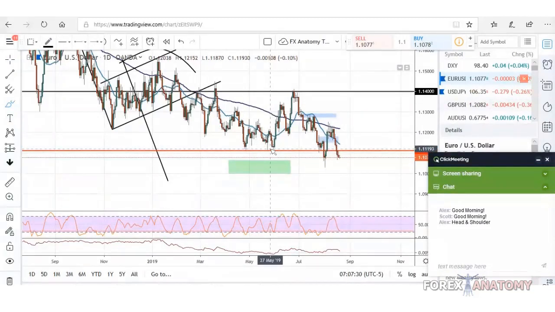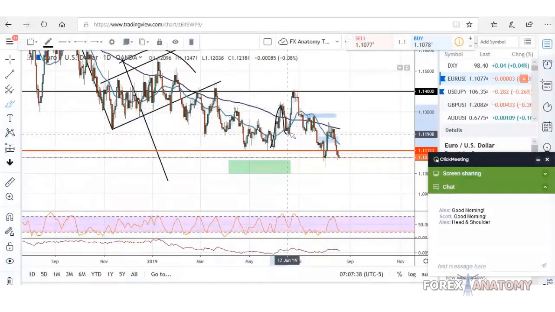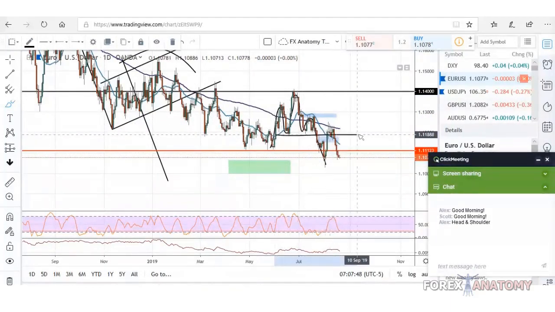We see this particular classical pattern, and Alex chimed in. He said head and shoulders, and that's exactly what we see. Let me draw this in for you. We see the left shoulder, then a head, and then this right shoulder. Price pushes and breaks this neckline area right here. What does price do?